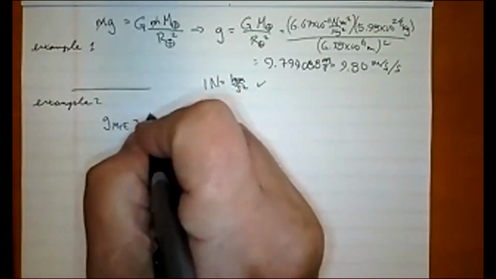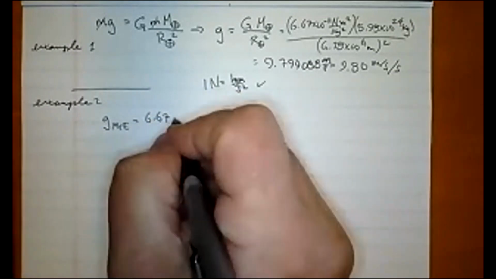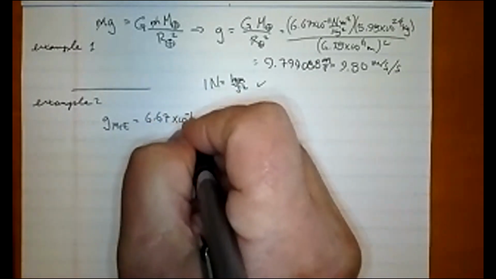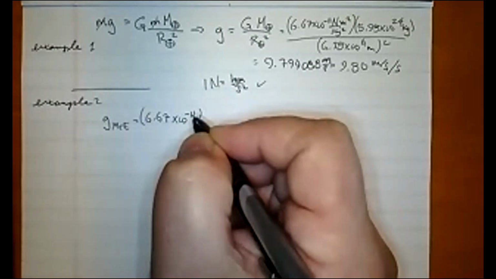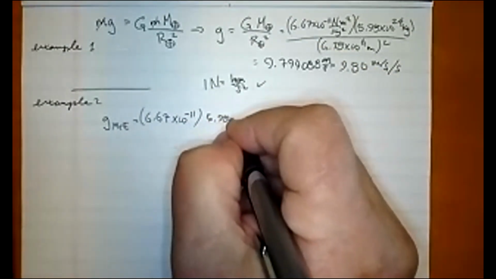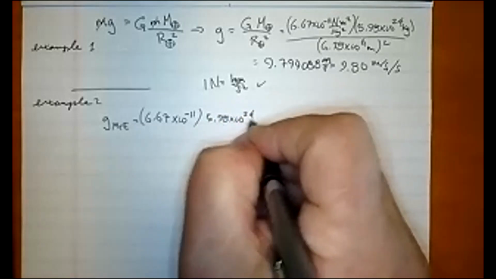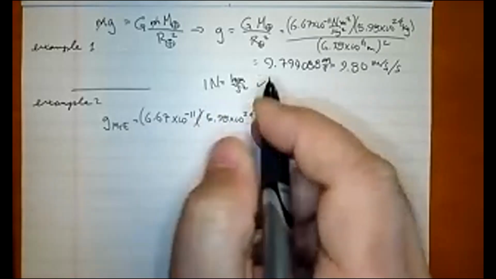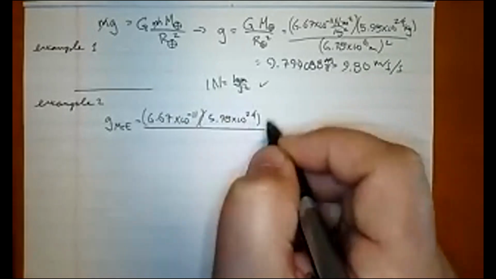Well, that's going to be 6.67. I've already worked out the units, so I'm going to leave them off this time. Times 10 to the negative 11th times the mass of the Earth, which is 5.98 times 10 to the 24th. And then I'm going to divide it by not the radius of the Earth, but the radius of the Earth plus the height of Mount Everest.